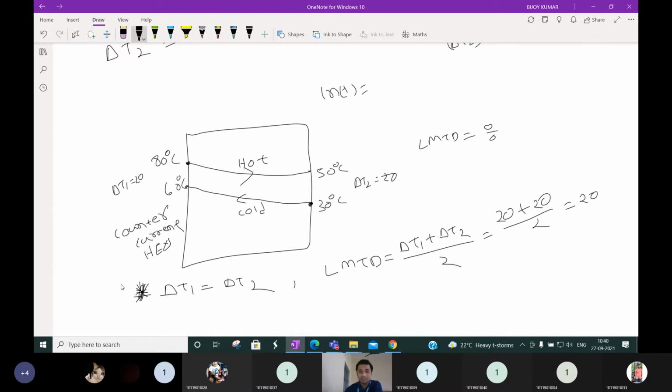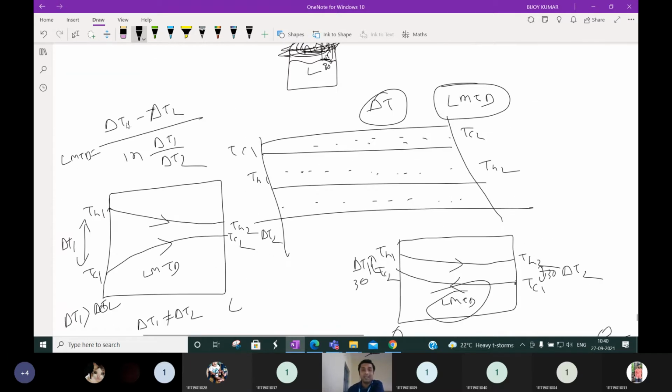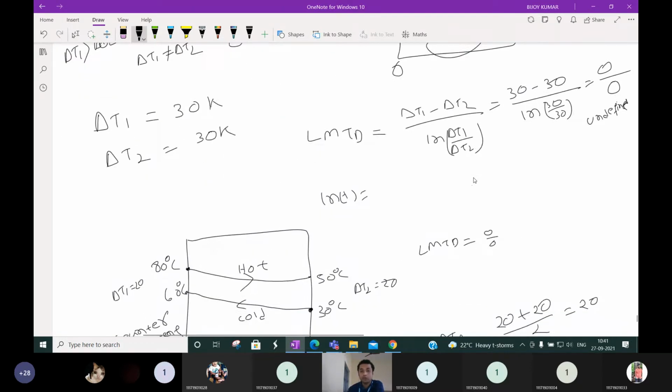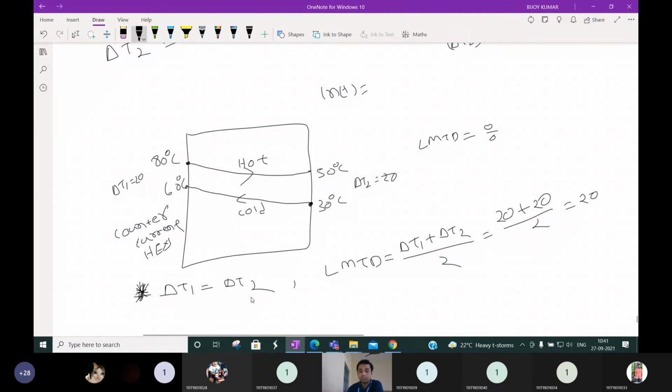Please remember these things. The LMTD formula is this one when delta T1 is not equal to delta T2. But in case of a counterflow heat exchanger, most of the time delta T1 is equal to delta T2. In that case, we have to use the LMTD formula as delta T1 plus delta T2 by 2.